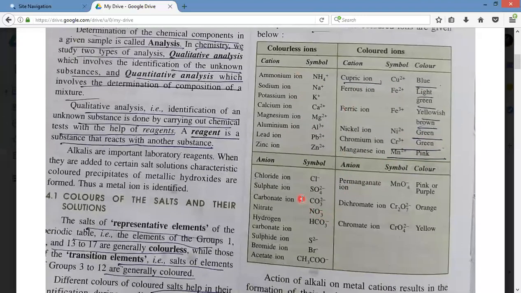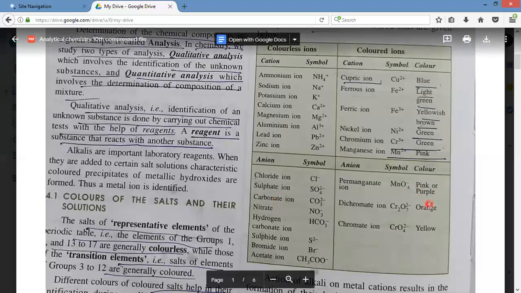After that, some anions with colorless and colored nature. In the colorless option, chloride ions, sulfate ions, carbonate ions, nitrate, hydrogen carbonate ion, sulfide ion, bromide ion, and acetate ions are there. On the other hand, among the colored ions, permanganate ion, formula MnO4 negative, is pink or purple in color.